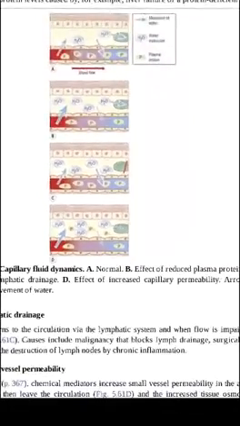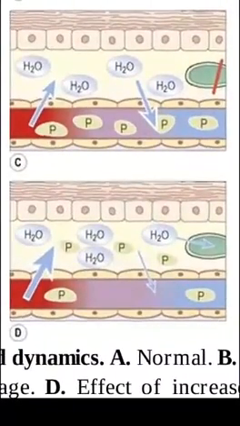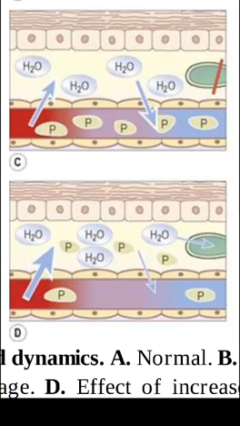Okay, there is another condition in which there is increased capillary permeability. Increased capillary permeability means that more water molecules and proteins are passing through the capillaries as compared to normal. That is, the permeability of the capillaries is increased.